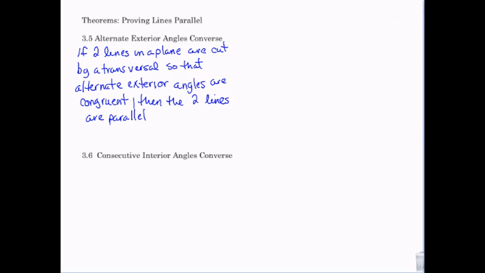Okay, so with this one, if I have two lines in a plane, now just because they look parallel, we can't assume they're parallel. Okay, we have to have proof that they're parallel. And along comes this transversal, and we have our angles.